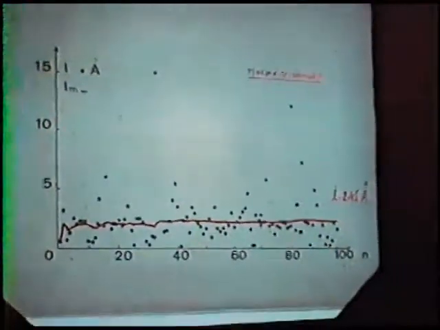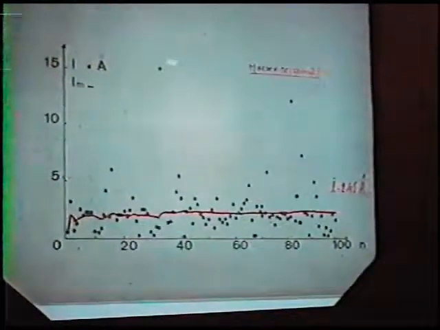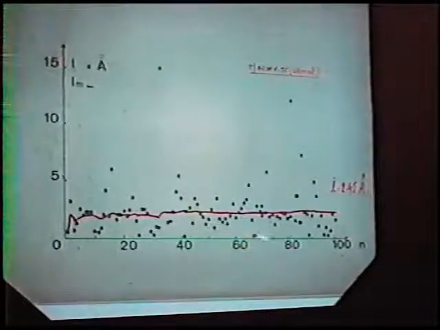In black, the black point corresponds, here we have a distance which is about 15 angstrom and which corresponds to the distance between the 32nd and 33rd collisions. Here is the distance between the 68th and 69th collisions.